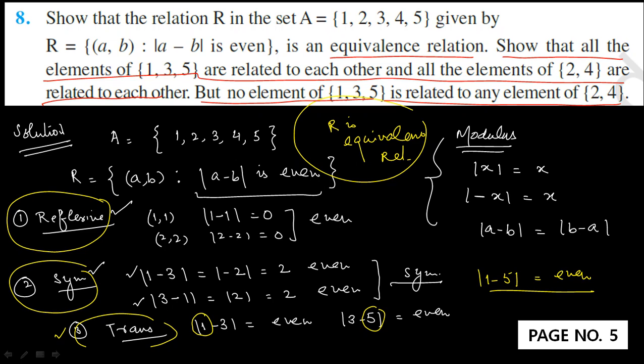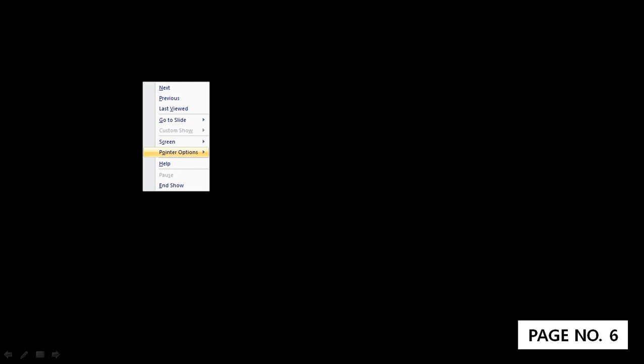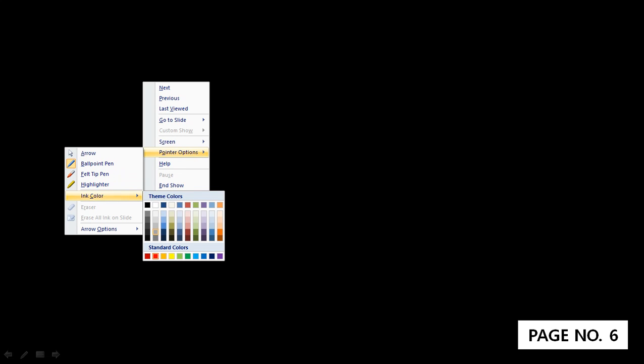Now let us check this one. Our statement is R equals (A, B) such that modulus A minus B is even.